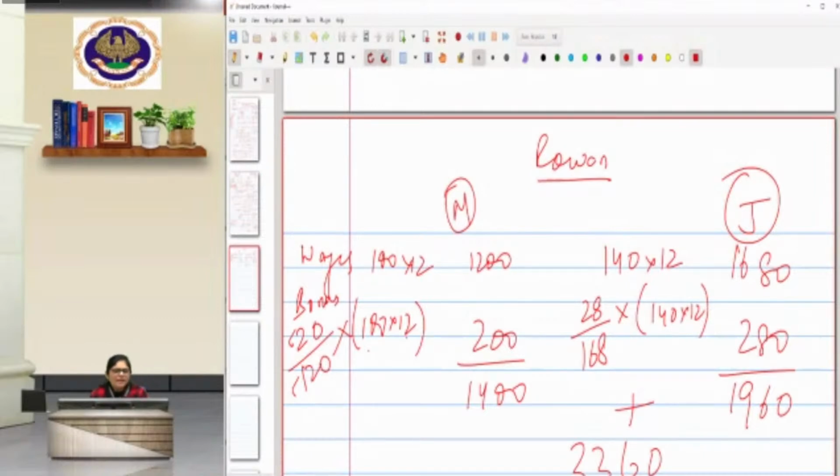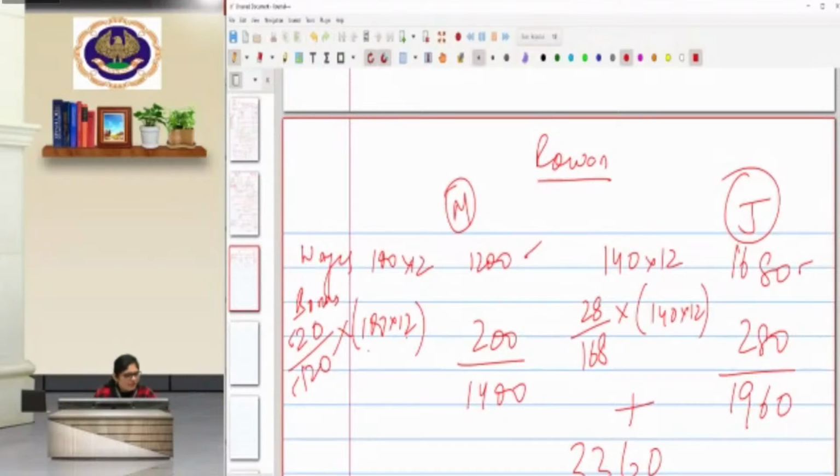We have to calculate the loss had the Rowan system of bonus been followed. So wages will remain the same under both the systems, Halsey or Rowan. Only the bonus will be different. So the bonus under the Rowan system, 200 for M and 280 for J. So the total will be 3360.